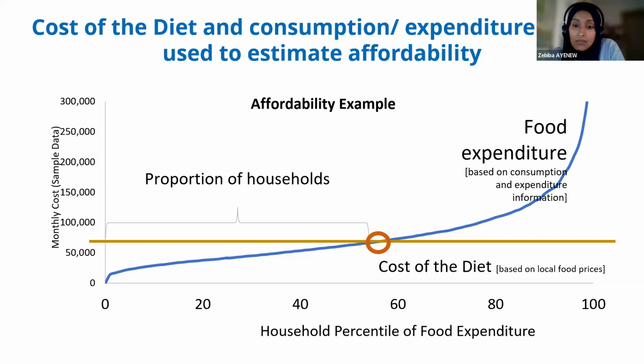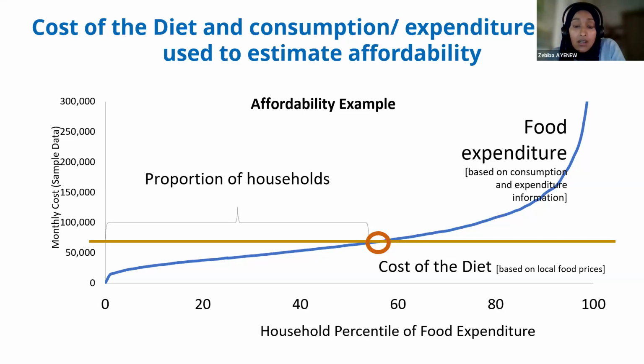Then the intersection here, indicated by the orange circle, is the critical point, because households that land above that cost of the nutritious diet are able to afford the cost of a nutritious diet. So they are not really a focus group for the types of programs that we implement as humanitarian players.